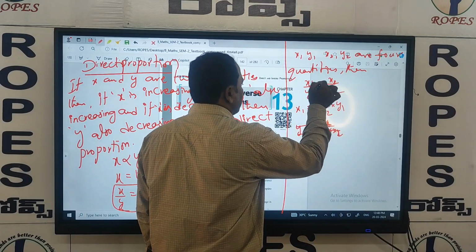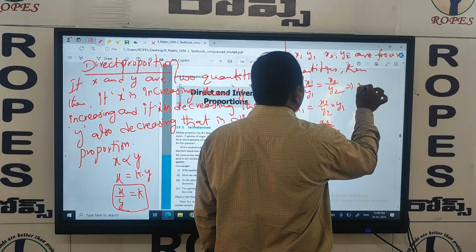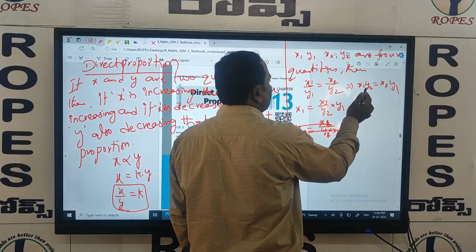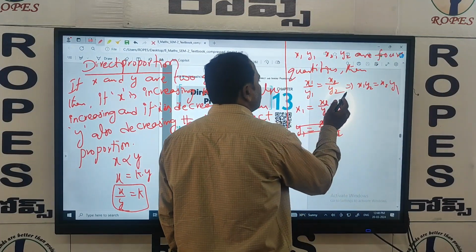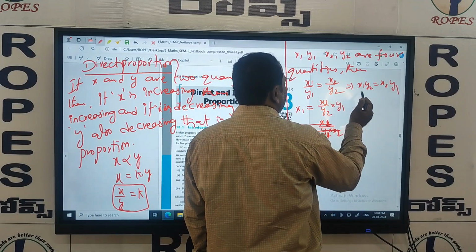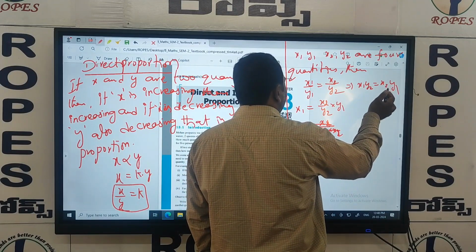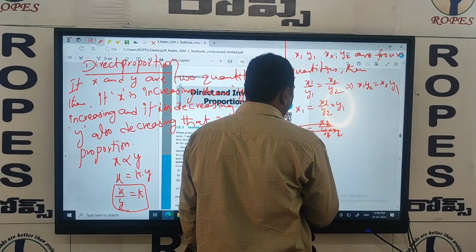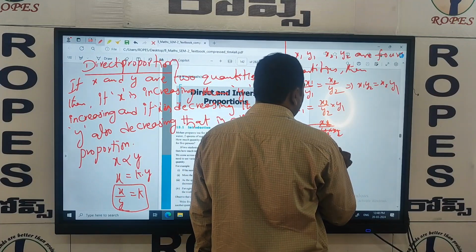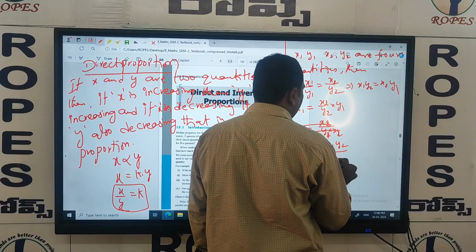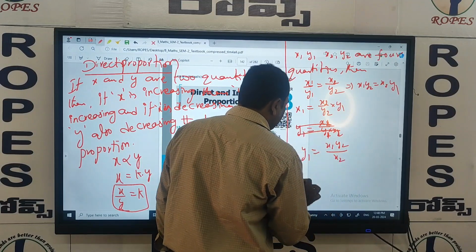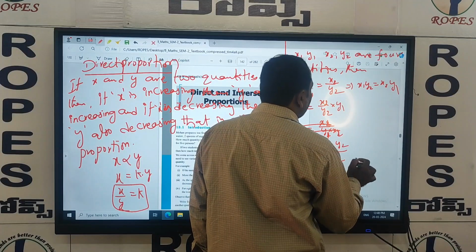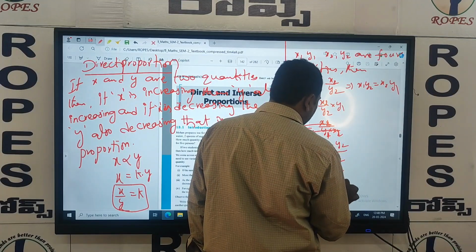Otherwise, by cross multiplication we can write x1 y2 is equal to x2 y1. From this x1 is equal to x2 y1 by y2. y1 is equal to x1 y2 by x2. x2 is equal to x1 y2 by y1.